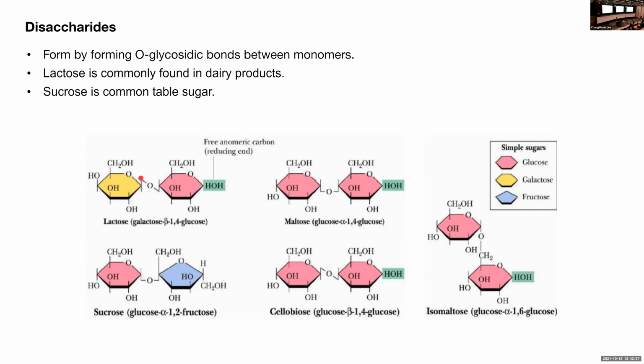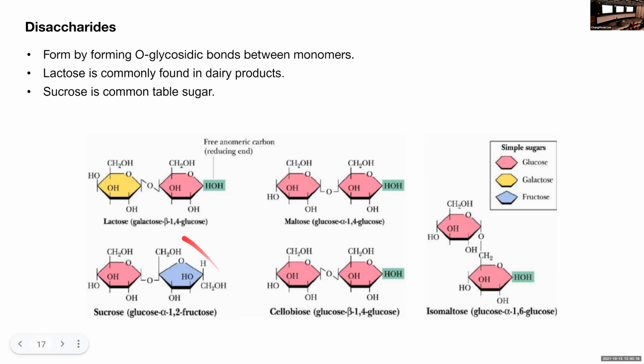And here's a beta form. There's a linkage between carbon 1, C1, and C4 in glucose, right? So beta 1,4 to glucose. And that's lactose. The same thing applies to all of the other disaccharides.